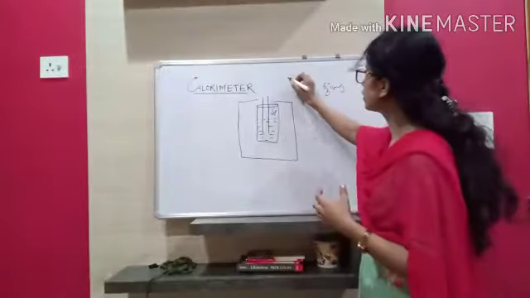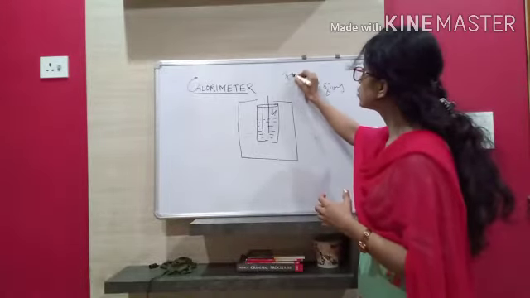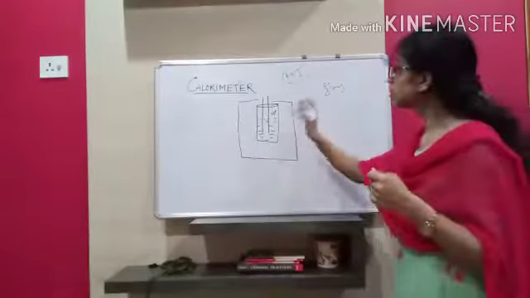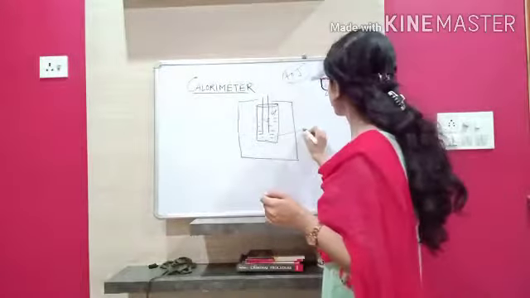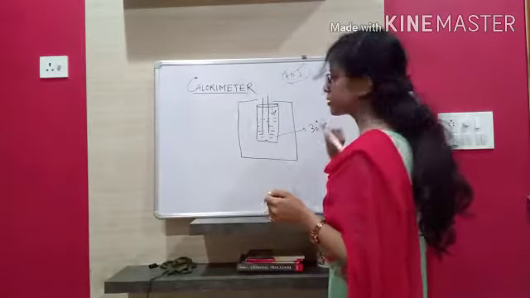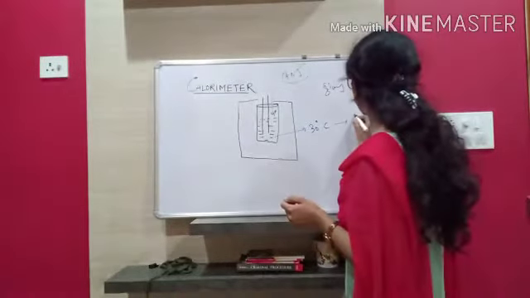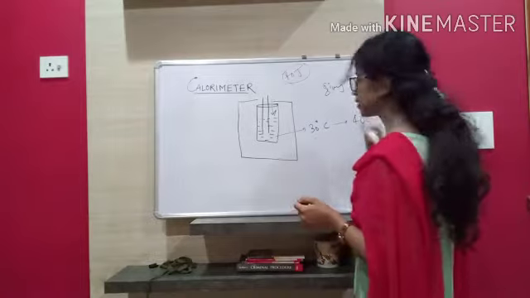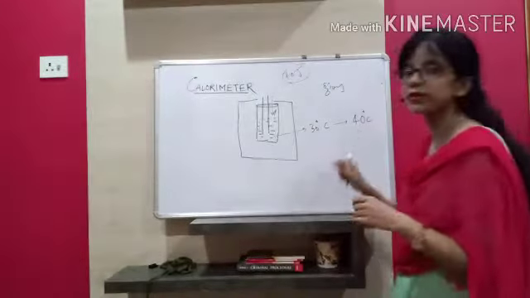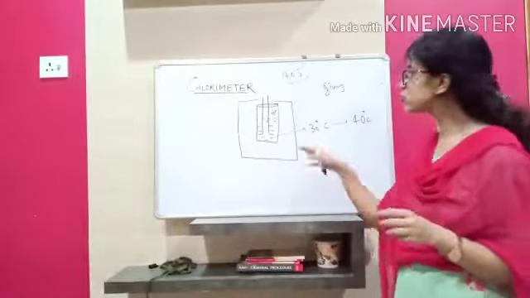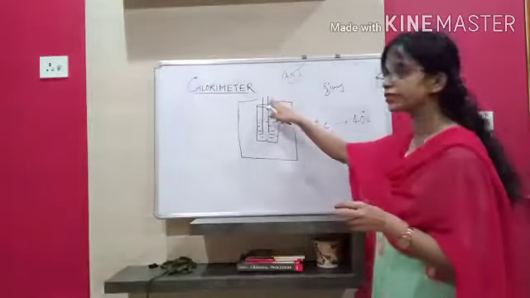Let's say you are giving 70 joules of energy to this water and heating it up. Say initially the water temperature was 30 degrees Celsius, and when you give 70 joules, let's say it becomes 40 degrees Celsius. That means you have increased the temperature by 10 degrees Celsius by giving 70 joules of heat. You will measure this temperature change with a thermometer.